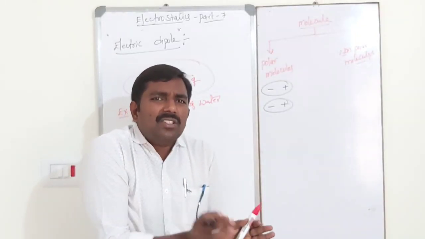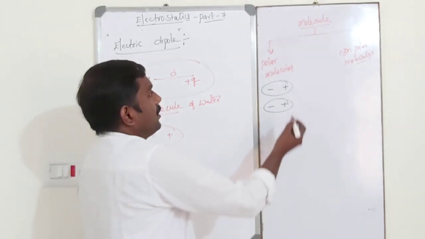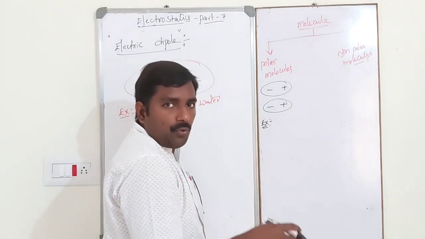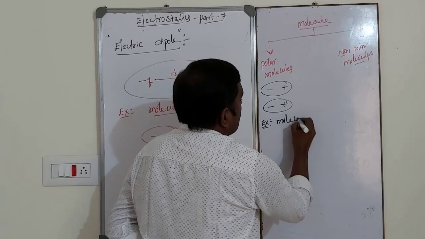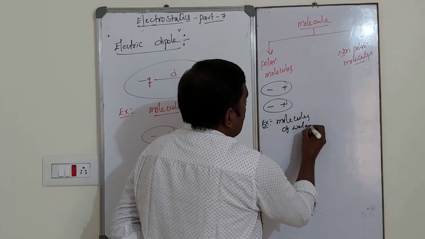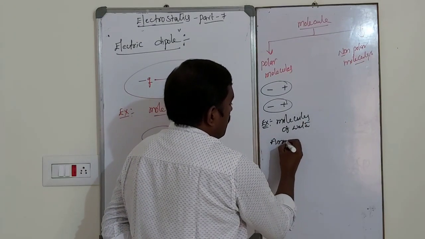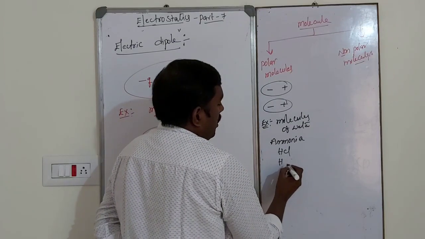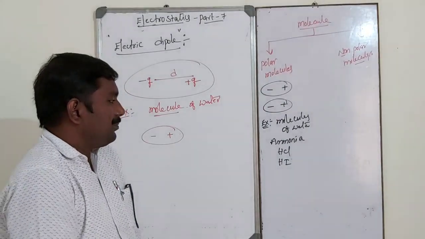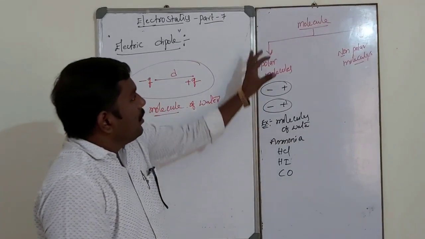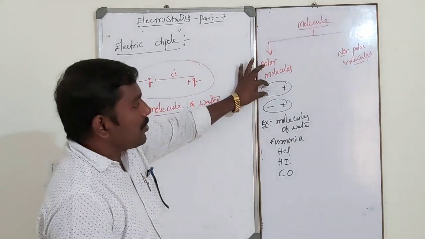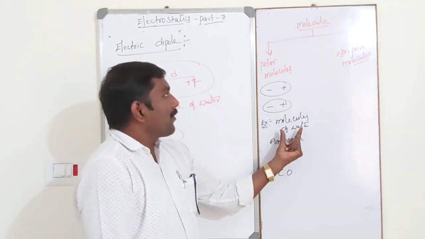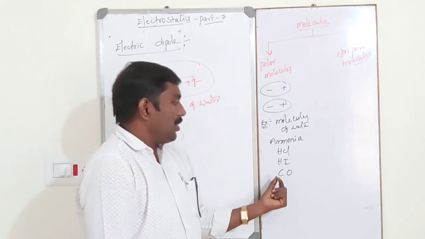That means it conducts less electricity. Examples for polar molecules: molecules of water, ammonia, HCl, HI, CO. So polar molecules have separated centers of charge and possess permanent dipole moment.